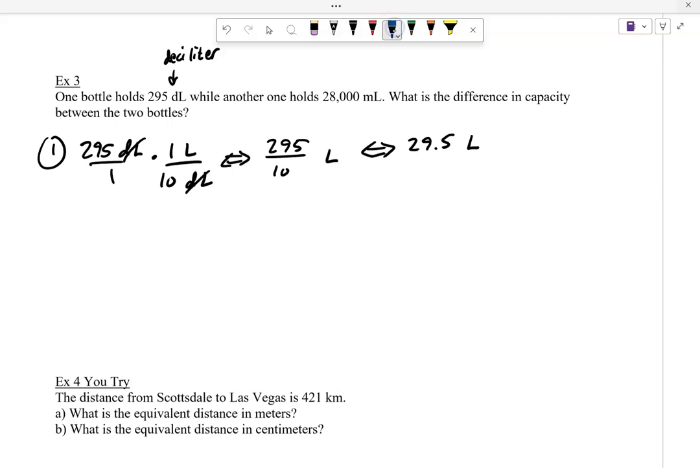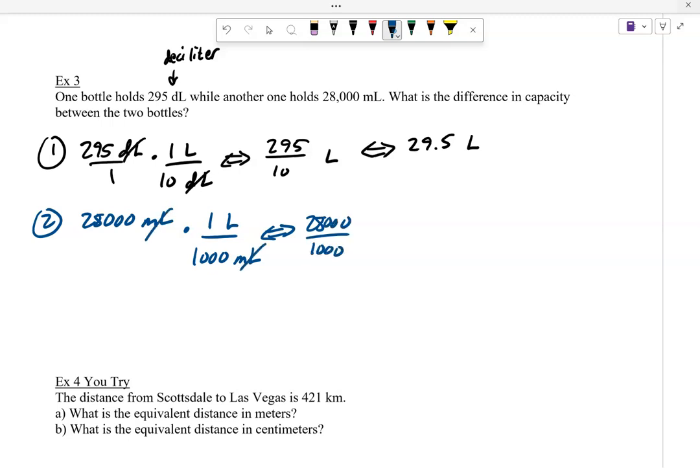Let's do the second bottle. Looks like we have 28,000 milliliters. That's 1/1000th. In other words, for every 1 liter, there's 1,000 milliliters. It takes 1,000 milliliters for every liter. So we got 28,000 divided by 1,000.